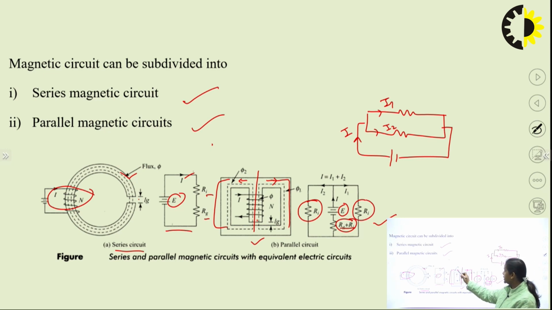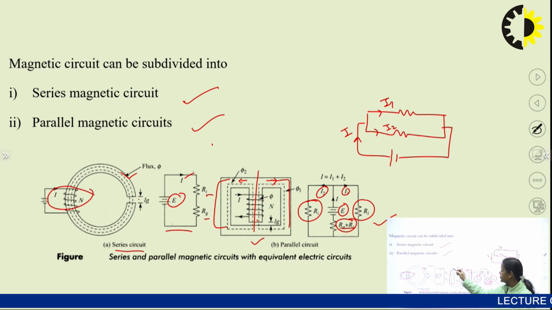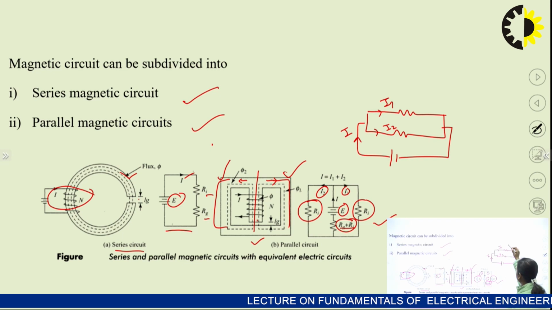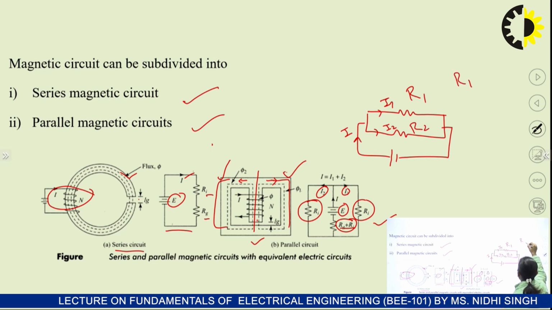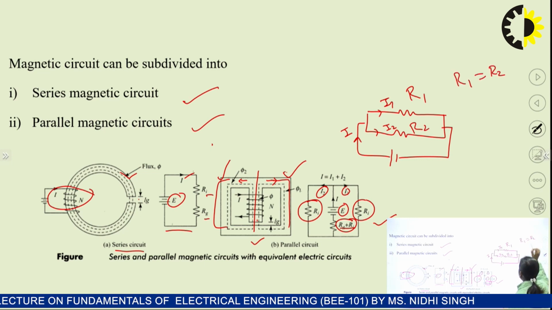The flux will get divided in the side limbs, so I1 and I2. If the reluctance of the side limbs is the same, the flux will be divided equally. Like if we have resistance R here and R1 and R2, if R1 is equal to R2, what will happen?